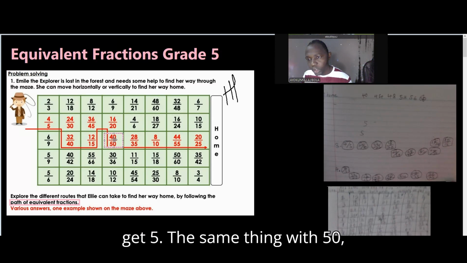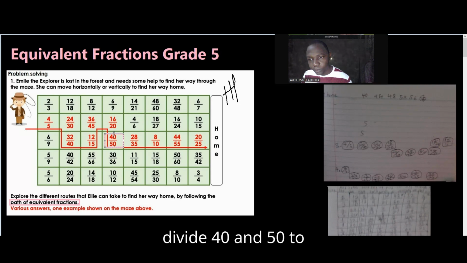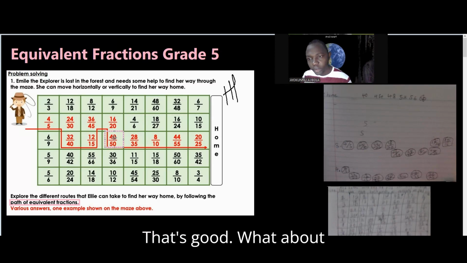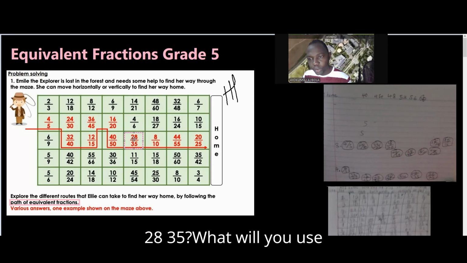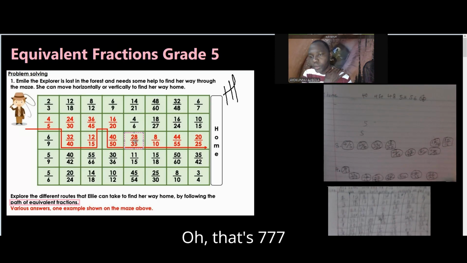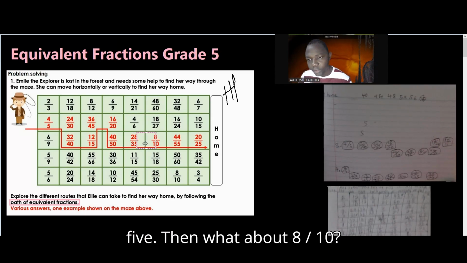The same thing with 40 over 50. So what will you use to divide 40 and 50 to get 4 over 5? 10. That's good. What about 28 over 35? What will you use to get 4 over 5? That's 7. 7 in 28 is 4, and 7 in 35 is 5.